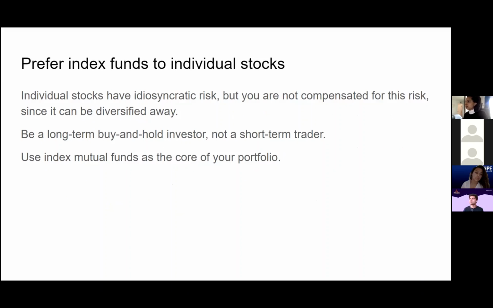We kind of alluded to this earlier when we started. Really prefer index funds to individual stocks. The thing about a stock is that stocks have what's called idiosyncratic risk. And you're not compensated for this because if you just bought a plain old mutual fund, you can diversify away the idiosyncratic risk, so you're not compensated for taking this risk.